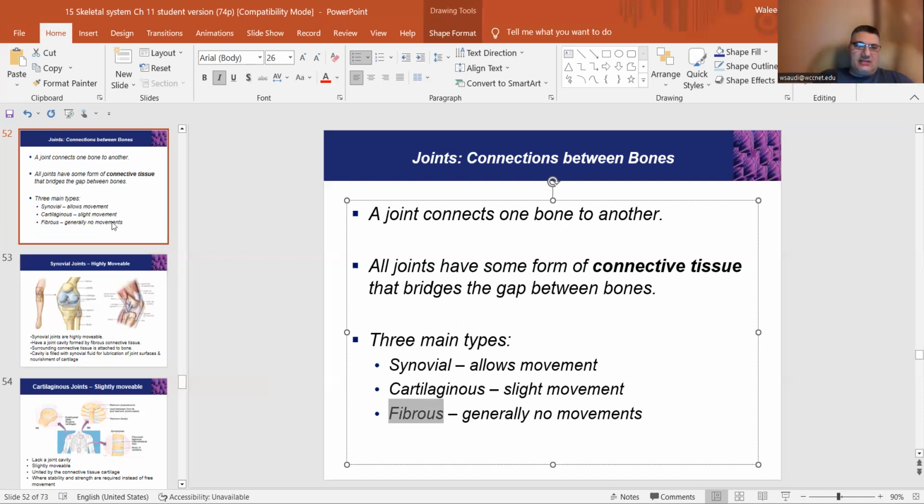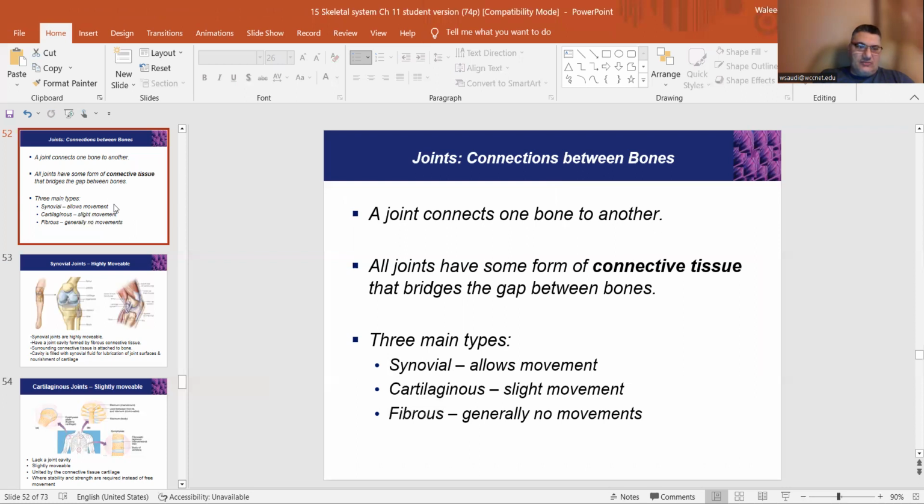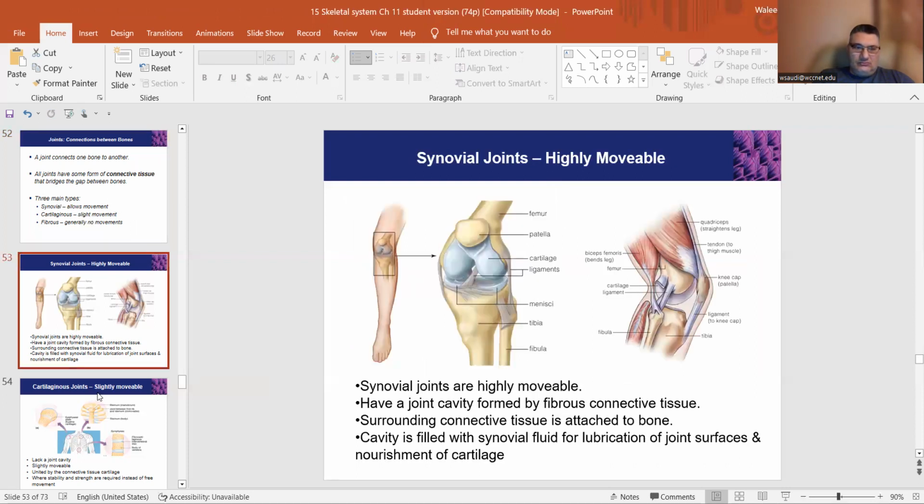The example of this is, let me show you something here. Let's say this one first. This is a synovial joint. End of one long bone and end of the other long bone. There is cartilage covering the end, cartilage covering the other end. There is fluid in between and a bunch of ligaments and capsule.